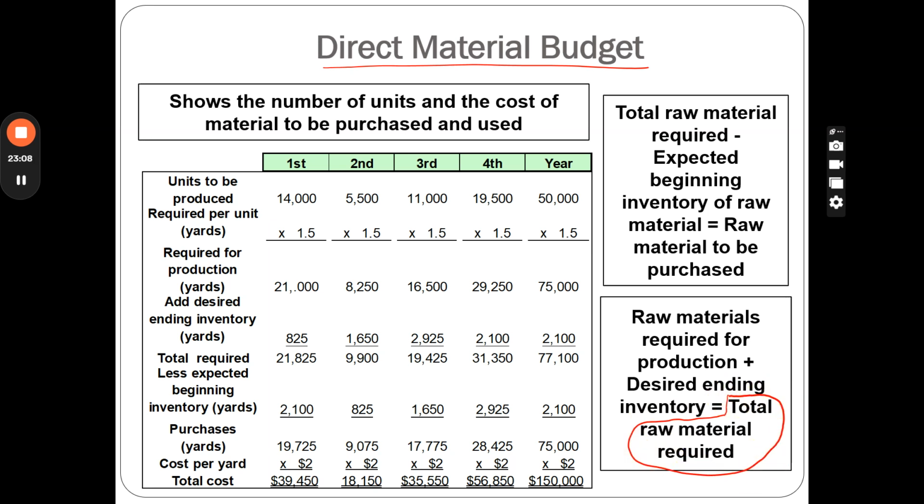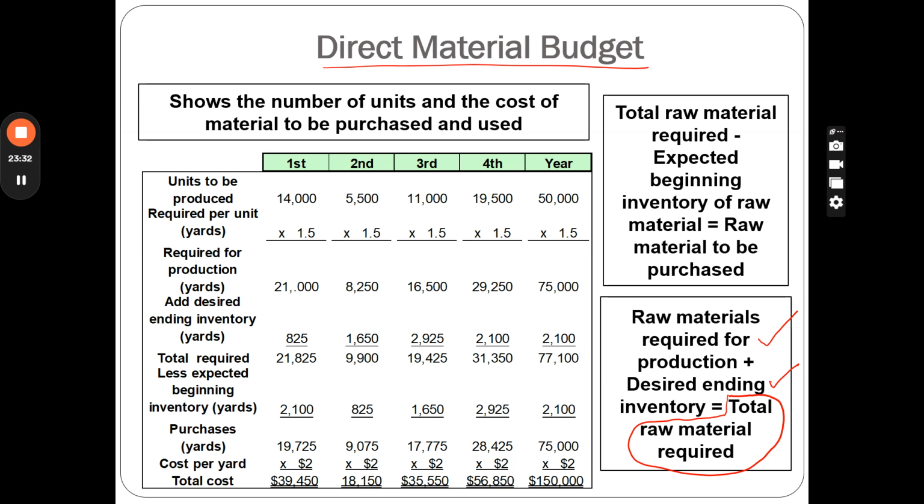How will you know that? First you will take raw material required for production. How many units are needed to complete the production for the period, and how many units you need as a buffer in your ending inventory.